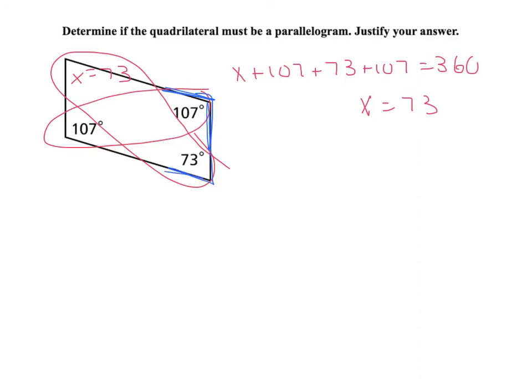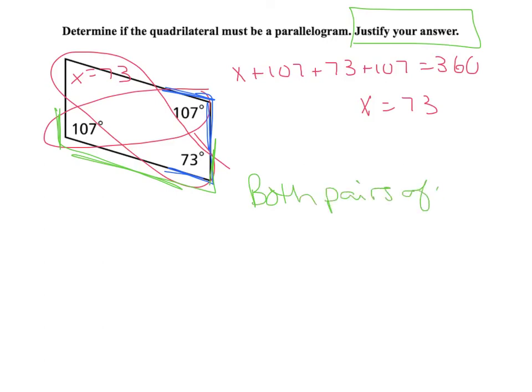If your consecutive angles are supplementary, in this case those are, and these are, they add to equal 180, this is also a parallelogram. So justifying your answer would have depended on which way you used. You could have either had both pairs of opposite angles congruent, or you could have had your consecutive angles supplementary.